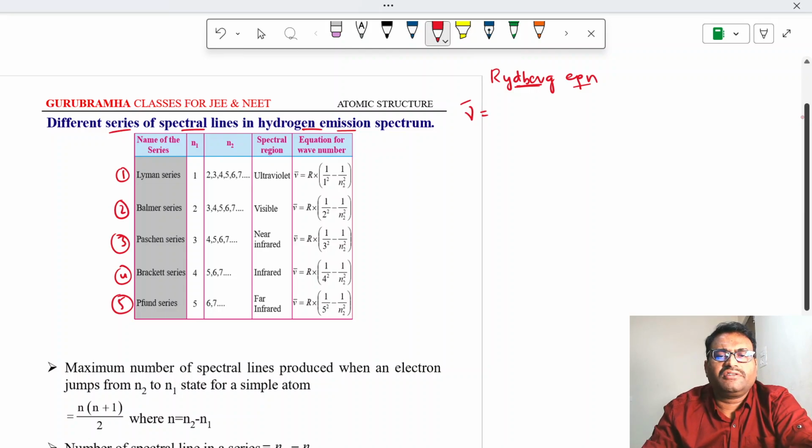Wave number is equal to RH into Z square into 1 by n1 square minus 1 by n2 square, where RH is called the Rydberg constant and Z is the atomic number. We will later discuss n1 and n2, and this formula to calculate the wave number of the spectral line produced in the hydrogen spectrum.